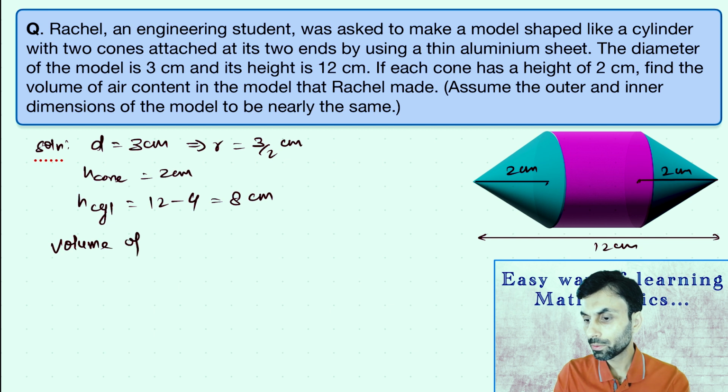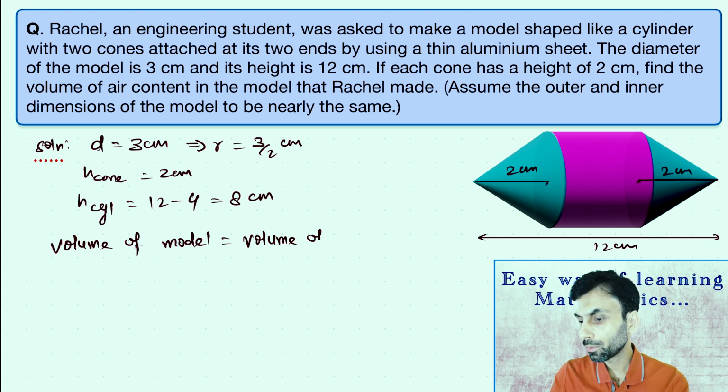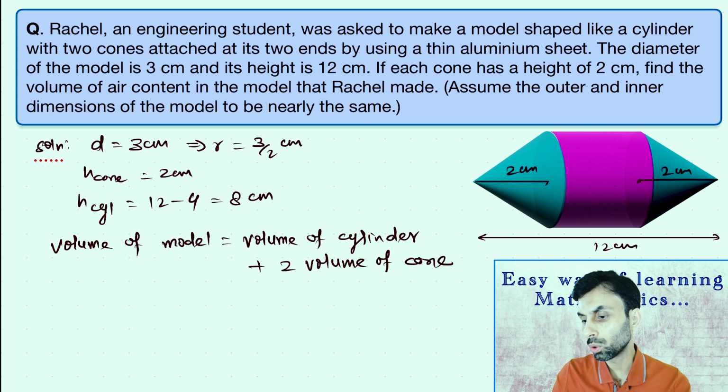So volume of model will be equal to volume of cylinder plus 2 times volume of cone.